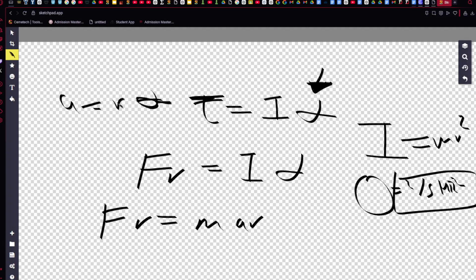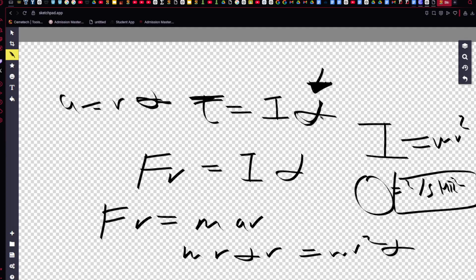So we just plug this back in. So m r alpha r, which is equal to m r squared times alpha, and that is where the formula comes from. So that means you can calculate the second derivative of angular position just using this relationship. That's all that means. We'll move on.